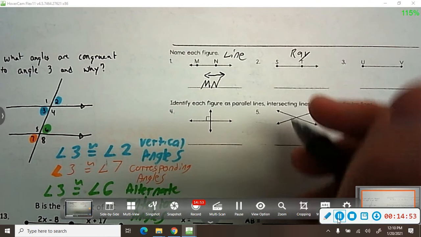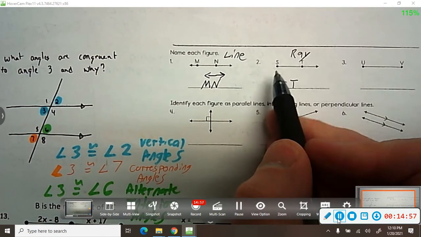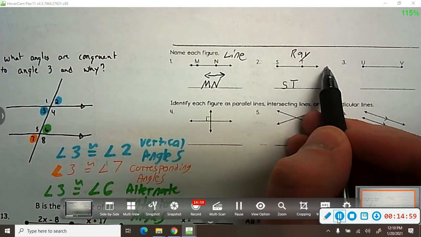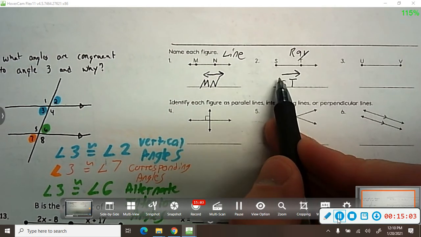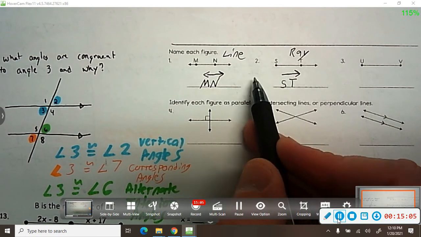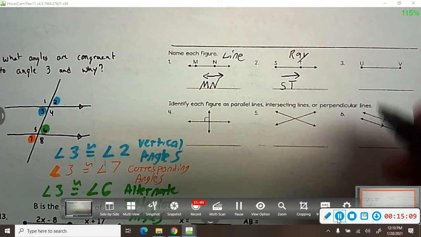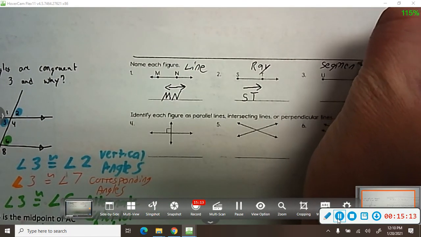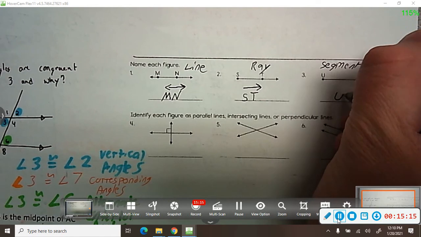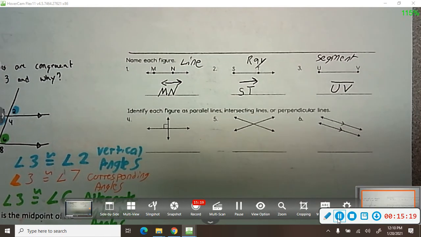And if I'm going to name it, I go ST, because S is the endpoint going this way forever. Notice the arrow does not go this way. And then this is called a line segment, or just sometimes segment. So you put UV just like that. That means line segment.